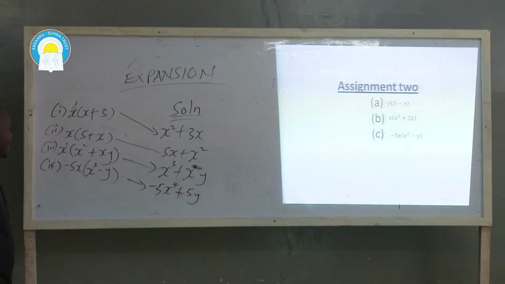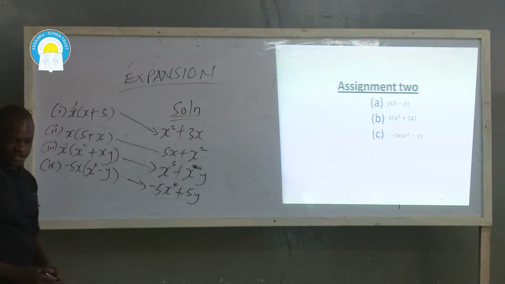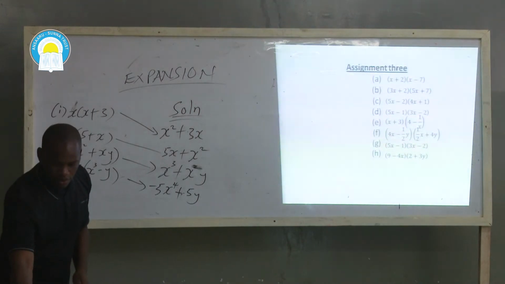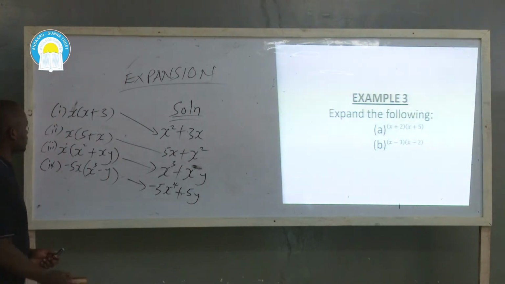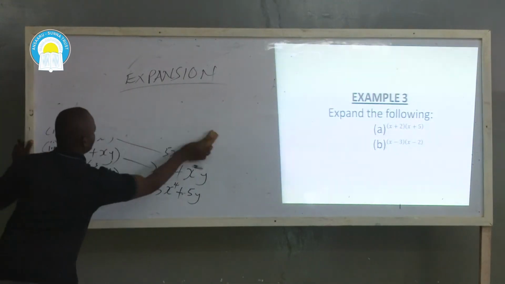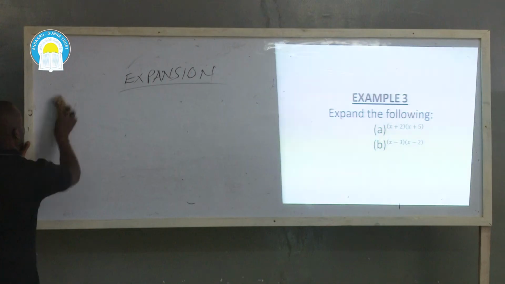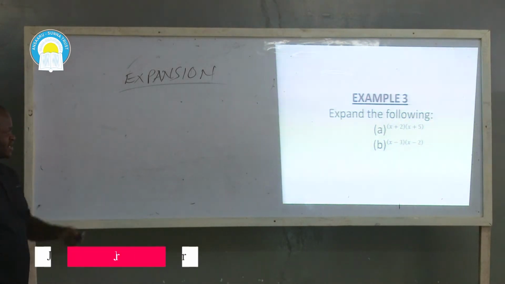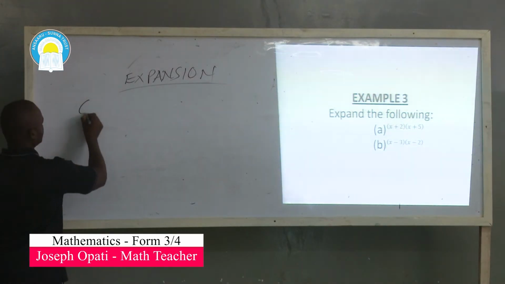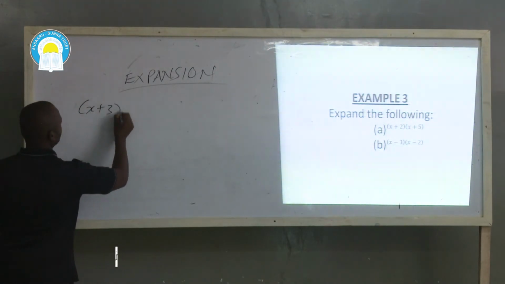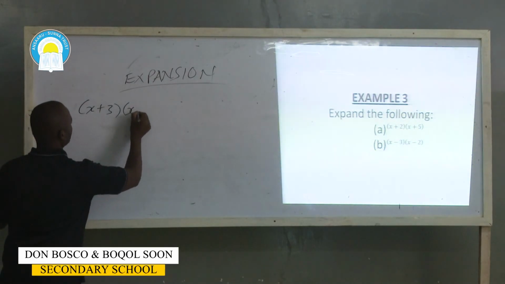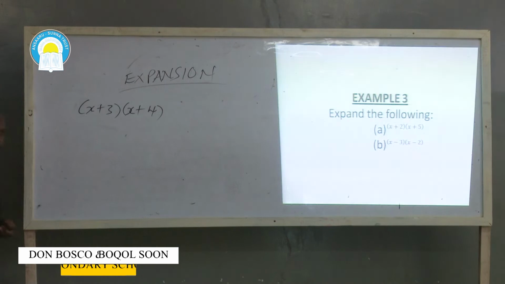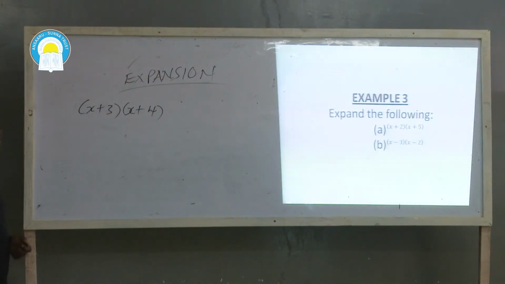We go to a different part of the expansion. Let me just get the board, then continue. Now, what if you're given an expansion of that nature, something like x plus 3 times x plus 4?